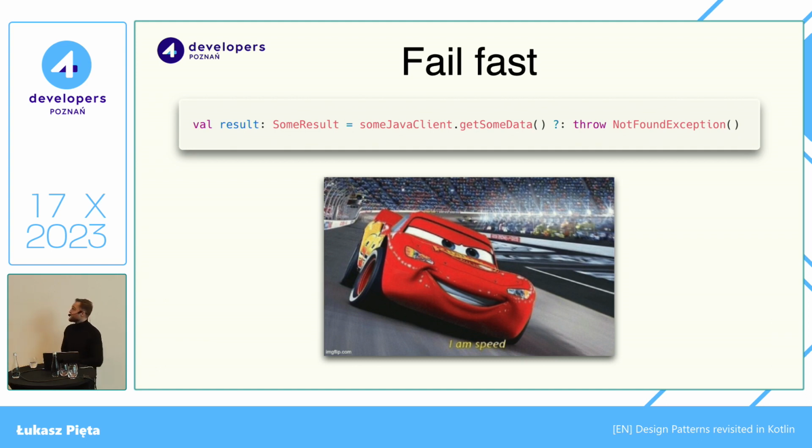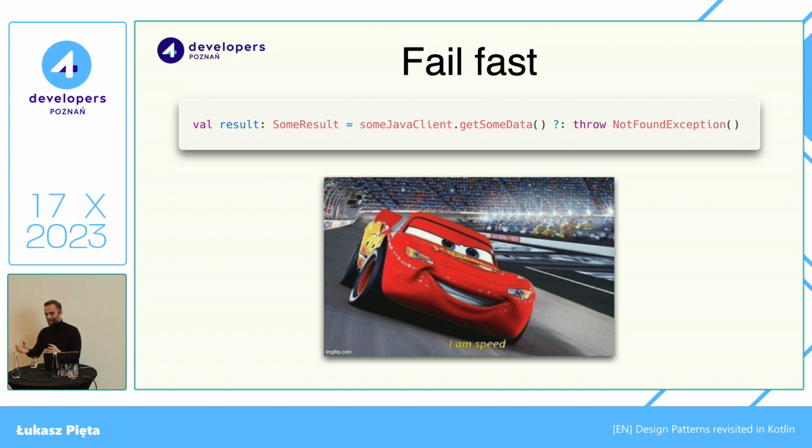So basically, we have some integration layers with some Java libraries, with some REST clients, with databases, and they don't guarantee to us that we've got what we want. We want non-nullable types in our domain code. Why? Because in most cases, business doesn't think in nullable types.